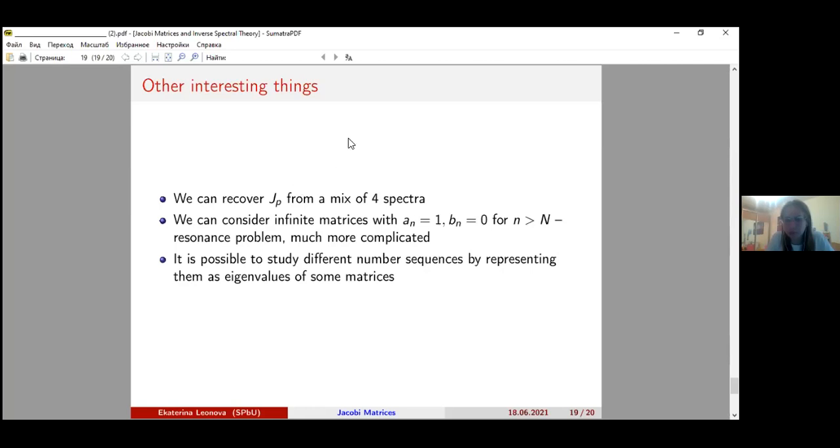For example, if we have a JP, a matrix with all coefficients like this, it's finite, it's simple, but all b_n are 0 and all a_n are 1s, except for the first one and the last one. So it goes with a square root of 2, so that it will be only zeros and ones if we take a periodic extension.